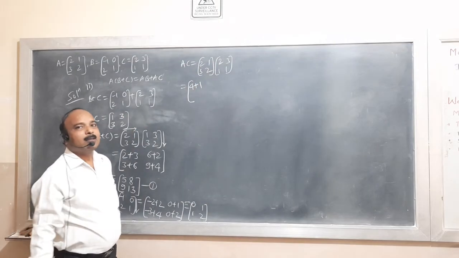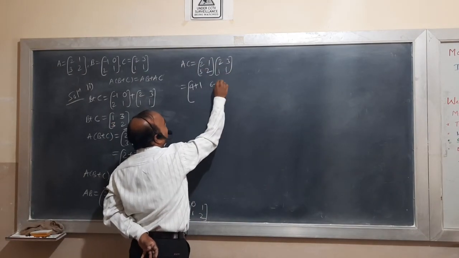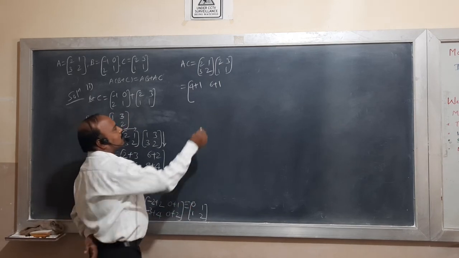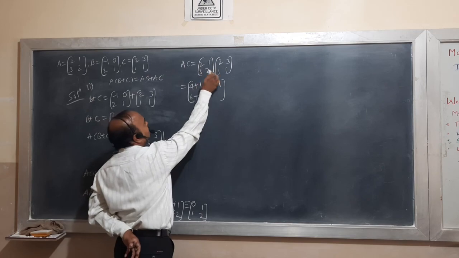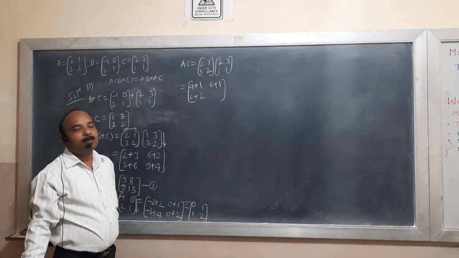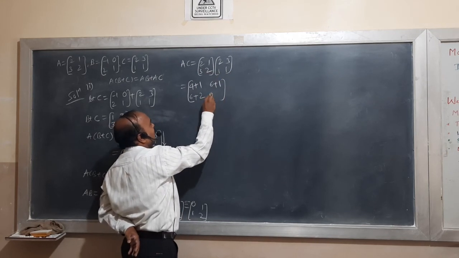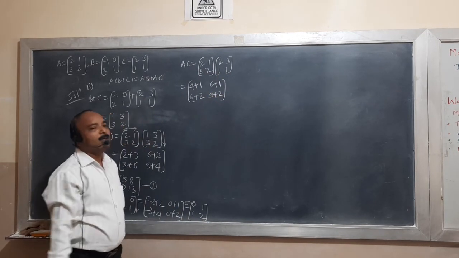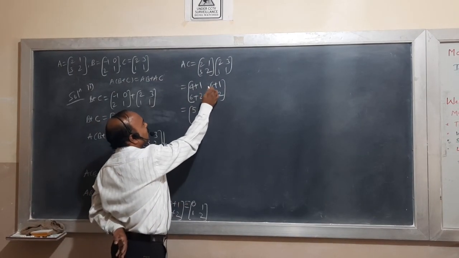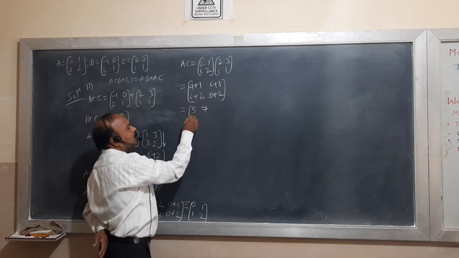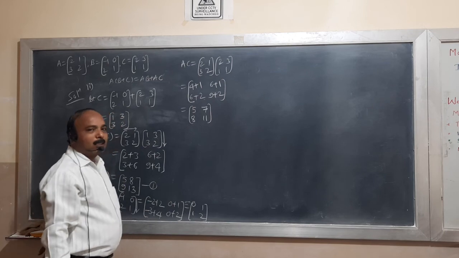Next, first row with second column, 2 into 3 is 6, plus 1 into 1 is 1. Next, second row with first column, 3 into 2 is 6, plus 2 into 1 is 2. Next, second row with second column, 3 into 3 is 9, plus 2 into 1 is 2. Then you get 5, 6 plus 1 is 7, 6 plus 2 is 8, 9 plus 2 is 11. Now it is the AC matrix.